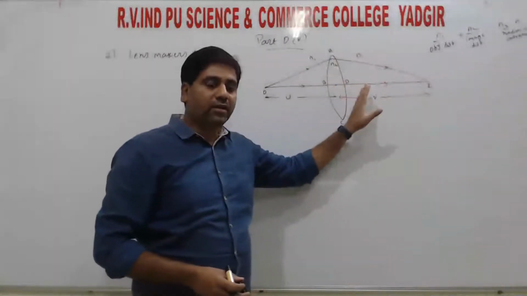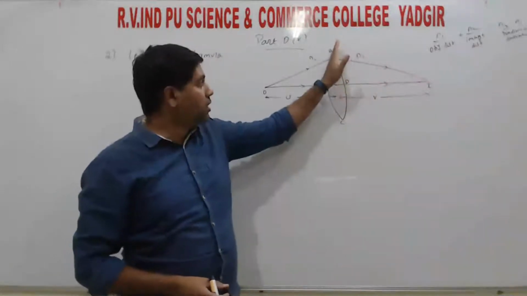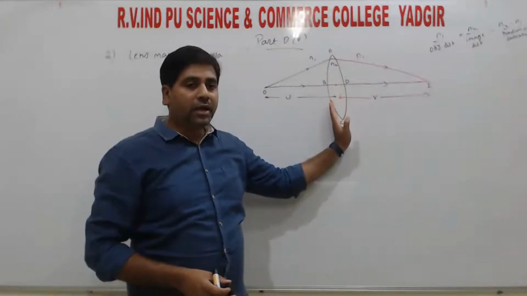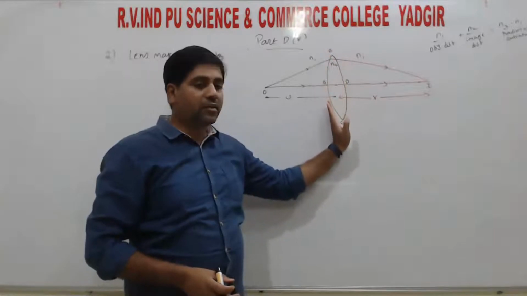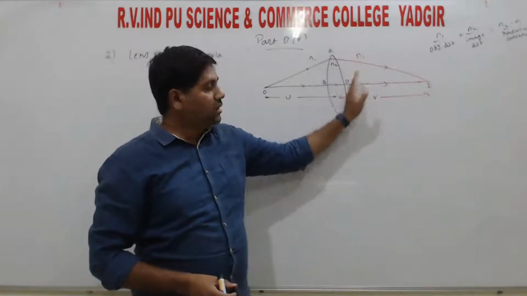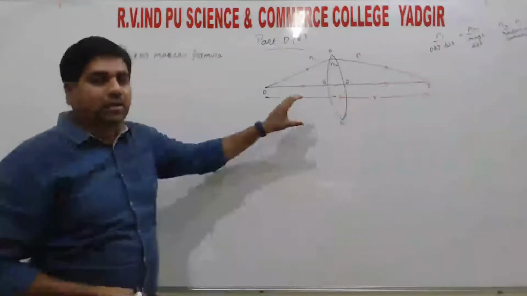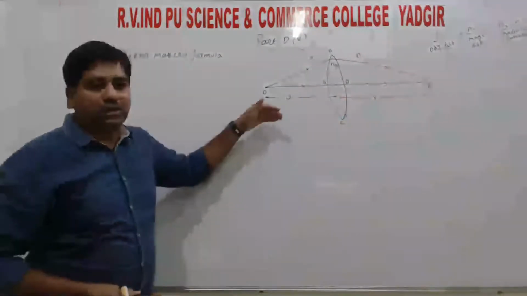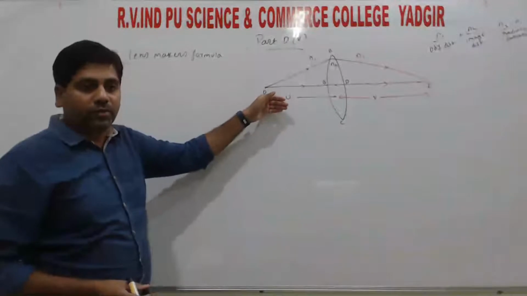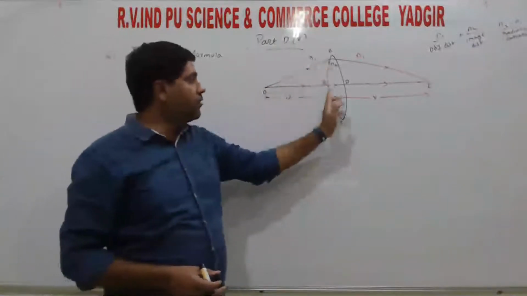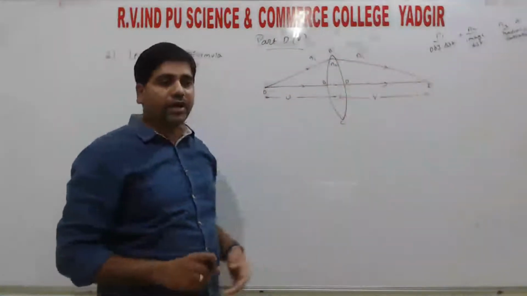On the first refracting surface ABC, an image will form. Then on the second refracting surface, the image will form, right? So we will discuss the image formation in two steps, one for the first refracting surface and one for the second refracting surface, right?